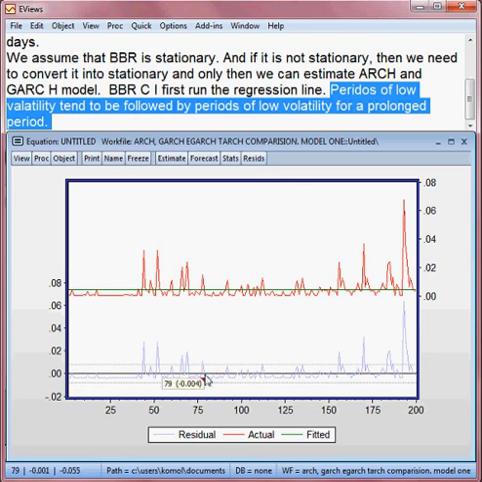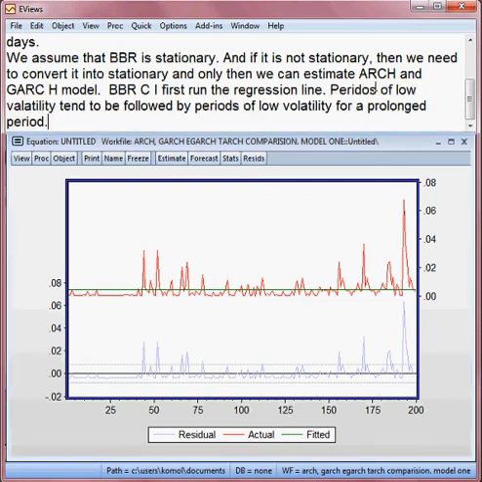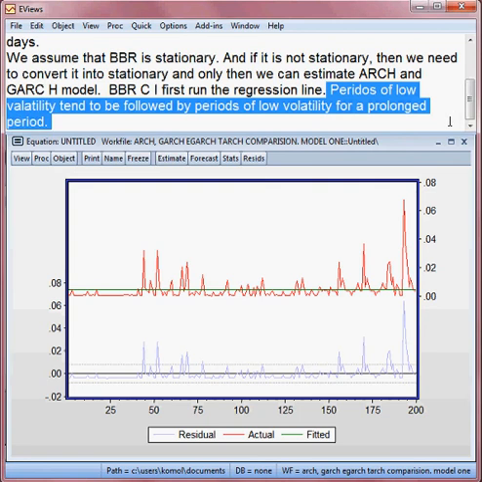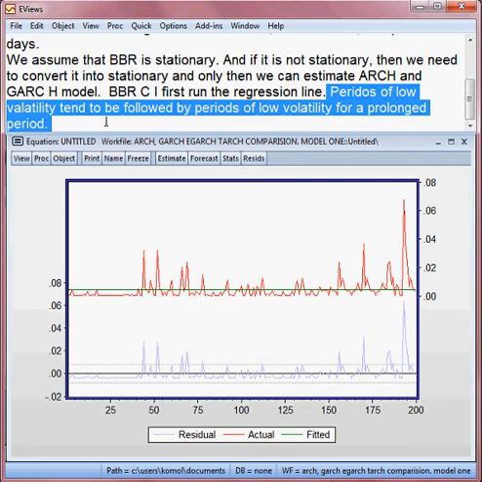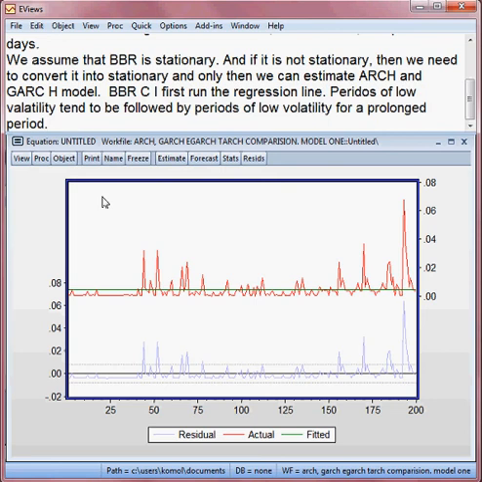From here to here, also periods of low volatility tend to be followed by periods of low volatility for a prolonged period. Okay.